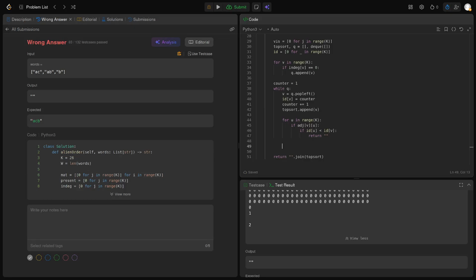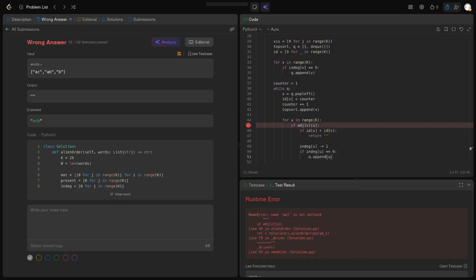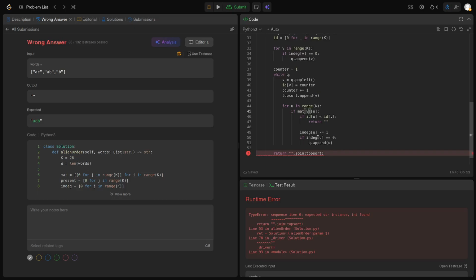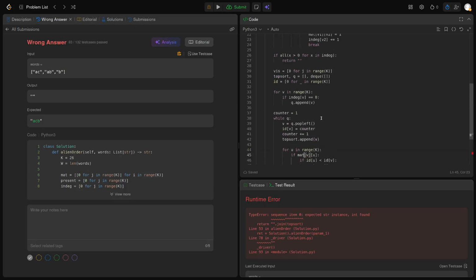And then, okay, so then in degree of u minus equals 1, and then we do if in degree is 0, then we do q append u, and please just work because this flipping task is crazy.